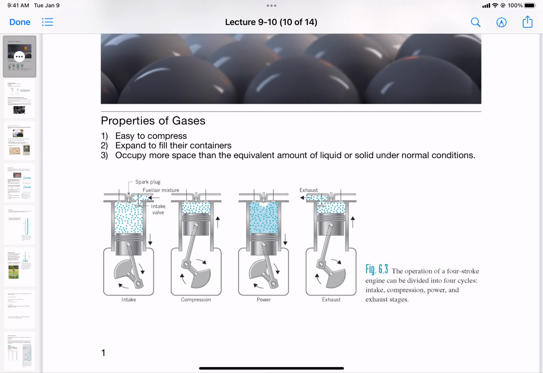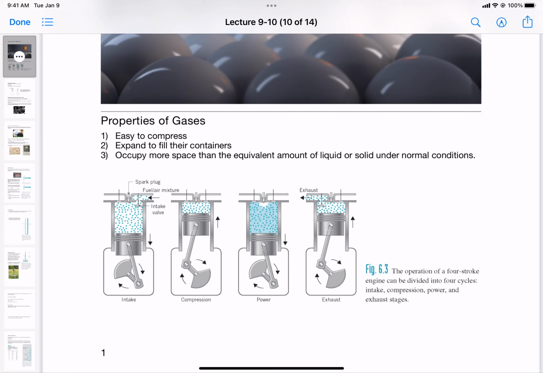A very common example of an application of gases is the internal combustion engine. Here we have an example of a 4-stroke engine, and it can be divided into 2 cycles.